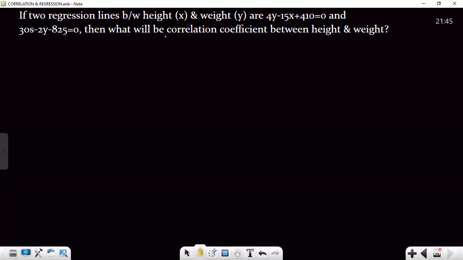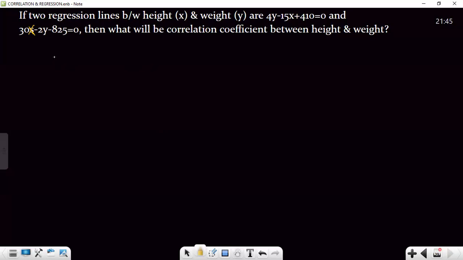30x, actually this is a mistake, 30x minus 2y. So the correlation coefficient is what we need to find out. We know if we have the equations, we have actually everything.